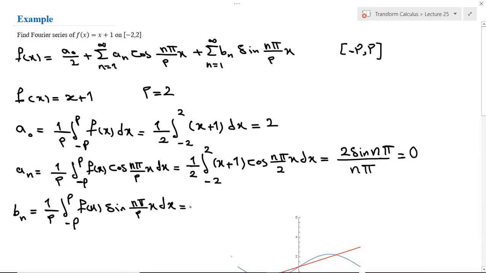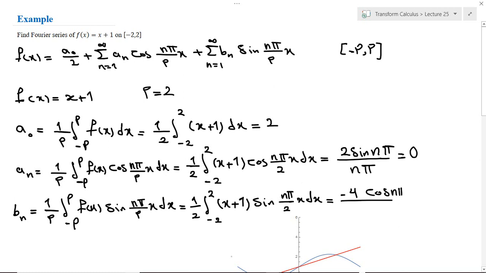So it's equal to 1 over 2 times the integral from minus 2 to 2 of (x plus 1) sine(n pi over 2 x) dx. Here you have to use integration by parts again. If you find it, you can see that it's equal to minus 4 cosine(n pi) divided by n pi.